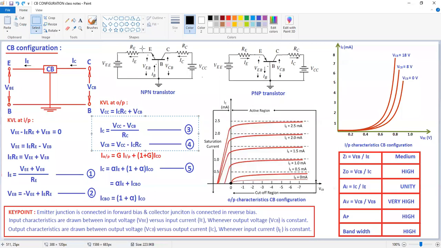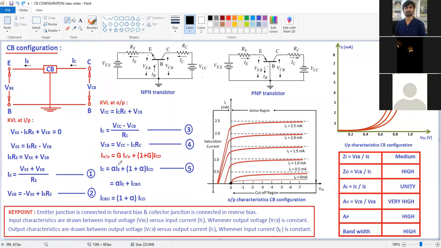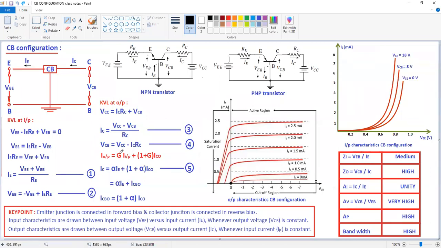Now in addition to these 4 equations, I am going to write one more equation, that is the output current equation in terms of reverse saturation current. This is the standard equation. If you observe equation 3, there is no reverse saturation current.